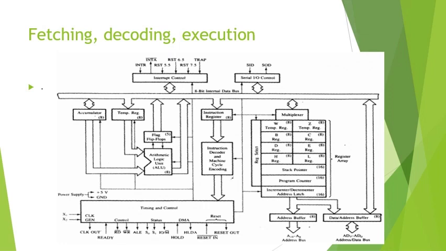By the instruction decoder, the microprocessor decodes this opcode. This is called decoding. After the decoding, finally, it executes the instruction which is given to it. This was the introduction of the 8085 microprocessor.